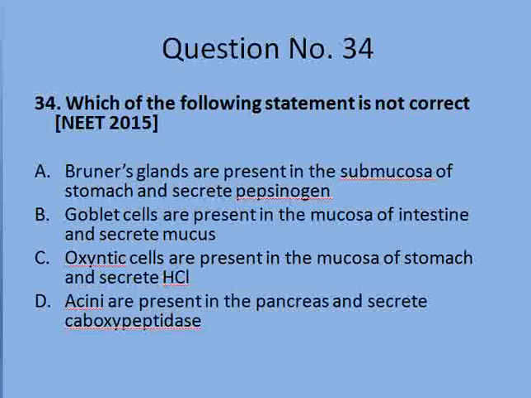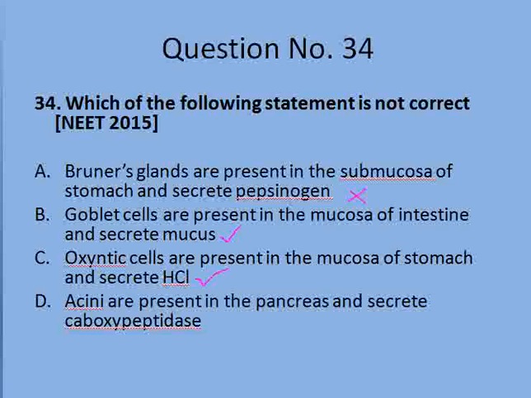First one: Brunner's glands are present in the submucosa of stomach and secrete pepsinogen. So this is wrong. Goblet cells are present in the mucosa of intestine and secrete mucus, which is right. Oxyntic cells are present in the mucosa of stomach and they secrete HCl, which is also right.